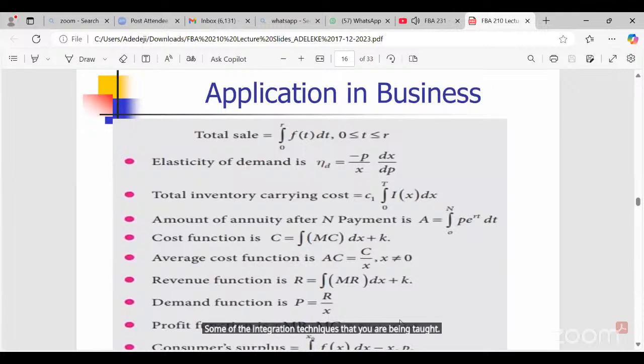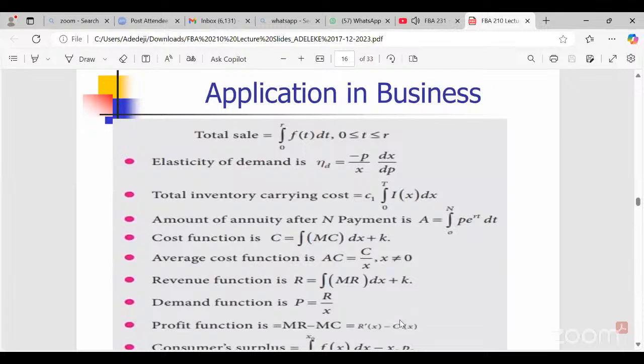Now let's look at the itemized application, just a general overview. Integration can be used to calculate the total sale.